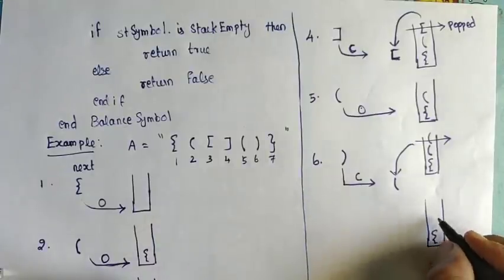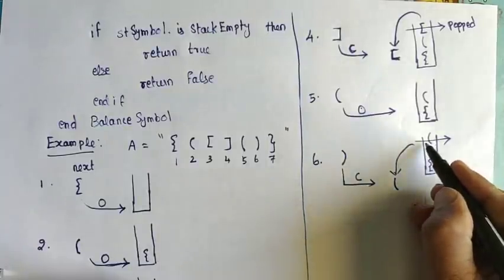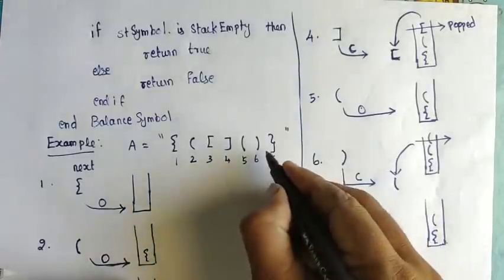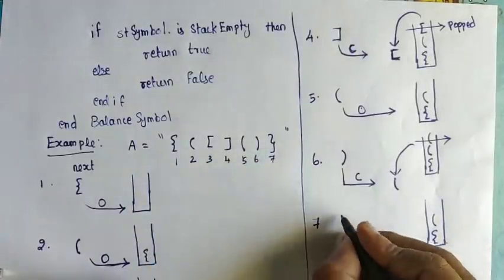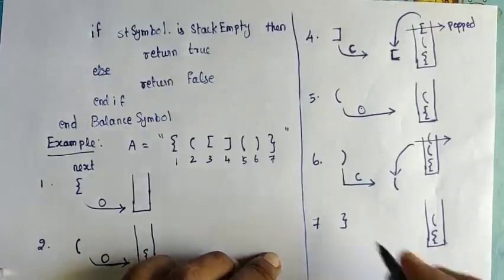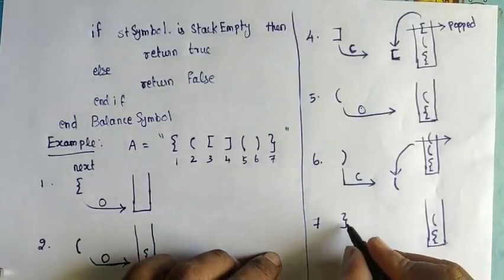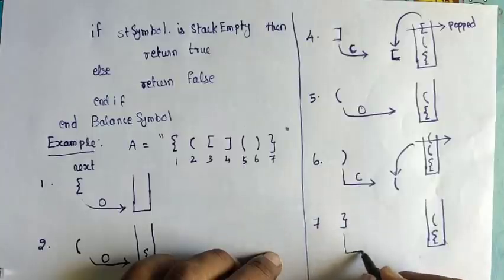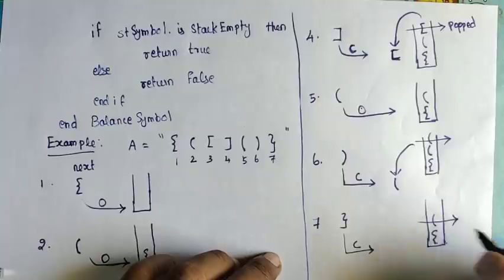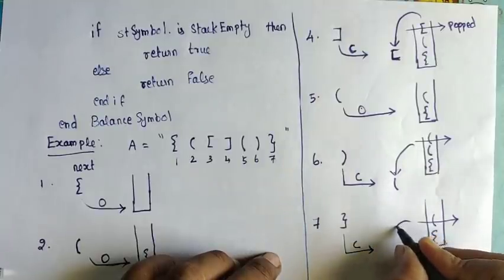This is opening and this is closing, so that close bracket is deleted. The seventh step is reading the seventh character, which is actually a closing. Closing means I have to pop. Which one will be popped?